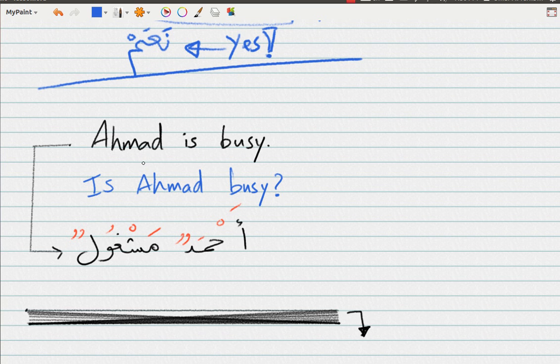In this example, we're going to ask, is Ahmed busy? Whether someone is busy or not, bad, good, fat, ugly, pretty, whatever, if you want to ask about someone, we put his name first.